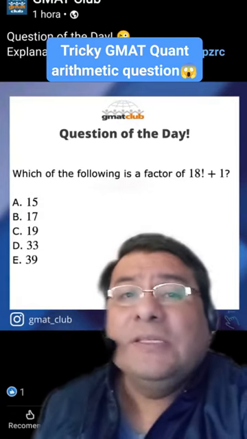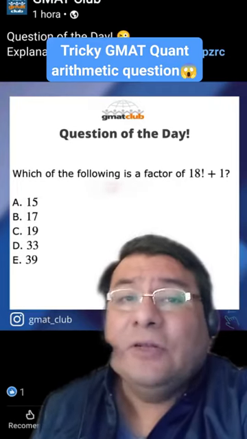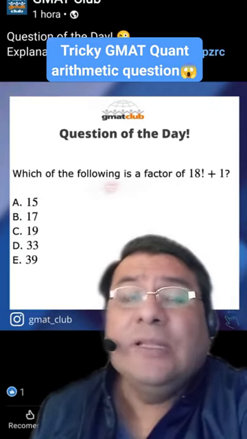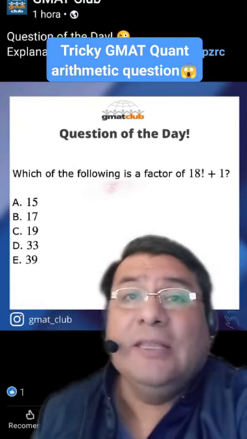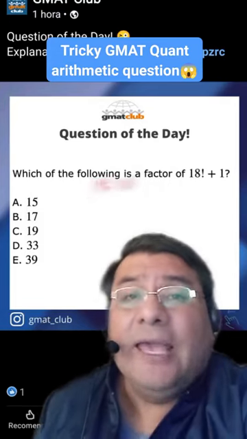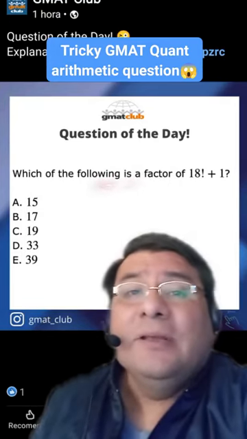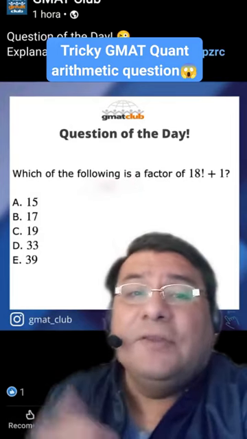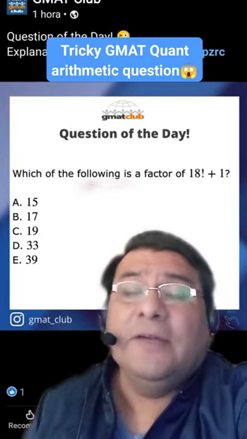What we can reason is that 18 factorial plus 1 is actually a consecutive integer to 18 factorial, because 18 factorial itself is a large integer, and 18 factorial plus 1 is just the number that goes after it.